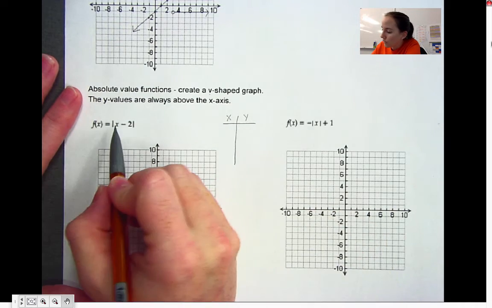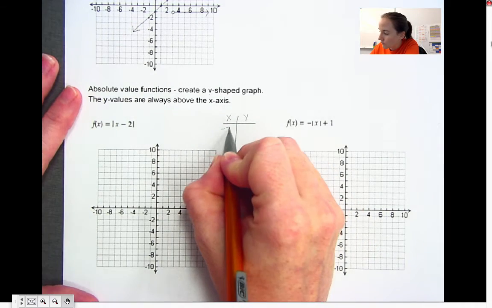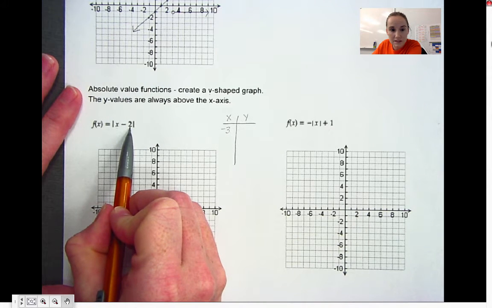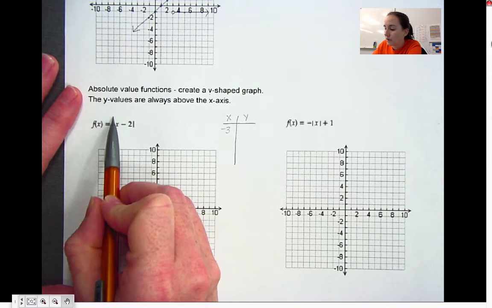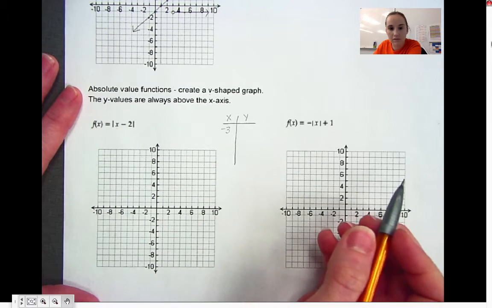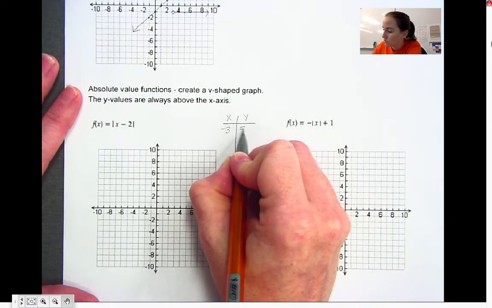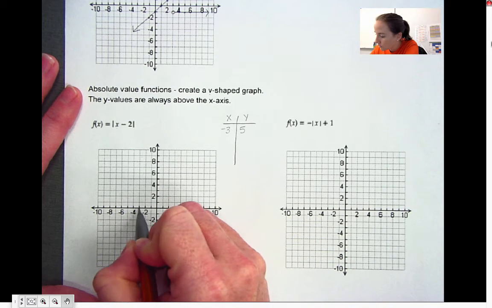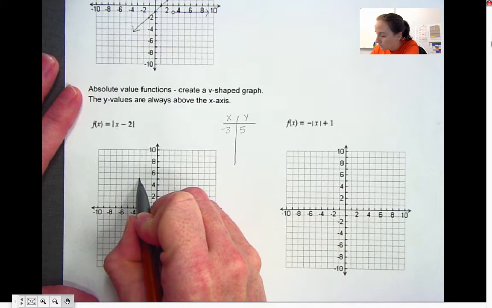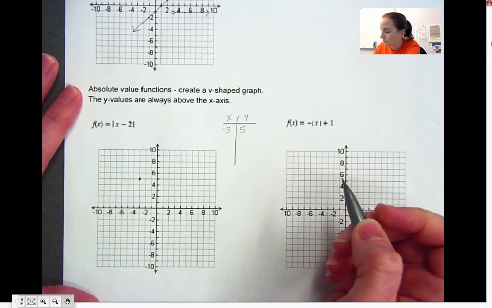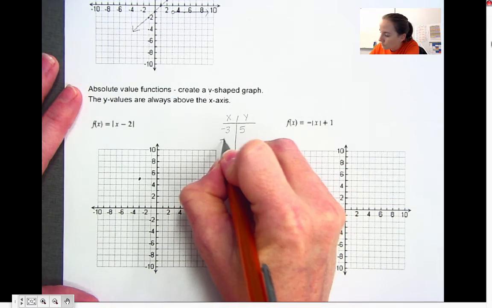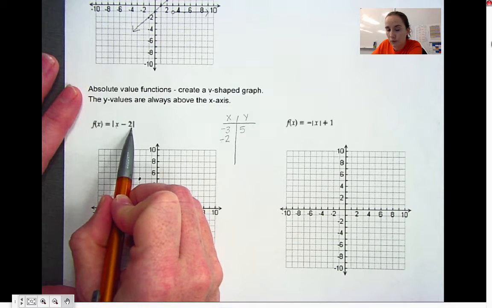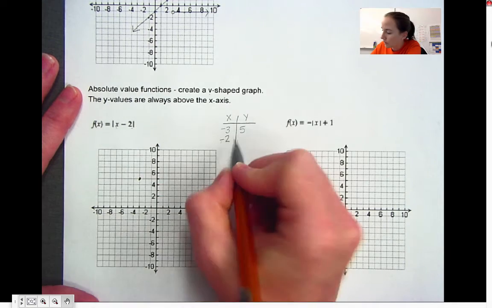If I plug in -3, -3 minus 2 is -5, but the absolute value of -5 is +5. So at -3, I have +5. At negative 2, negative 2 minus 2 is negative 4, but the absolute value is positive 4.